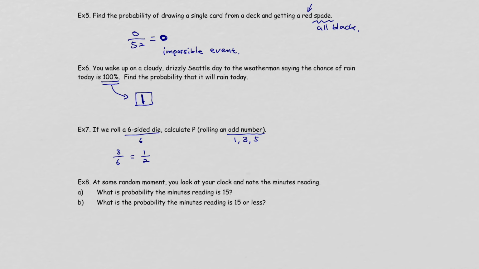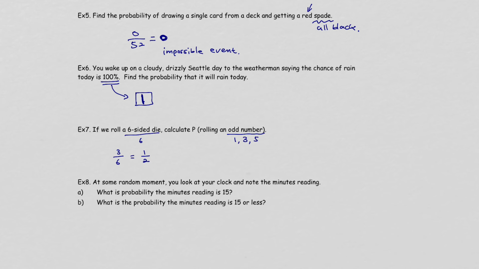The next one, at some random moment, you look at your clock and notice the minutes reading. What is the probability that the minute reading is 15? So you have 60 choices.